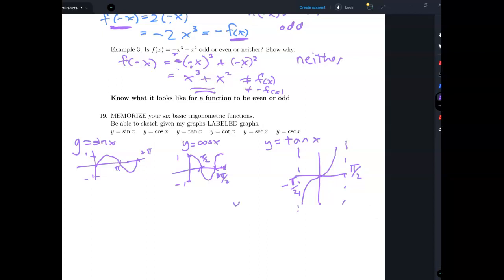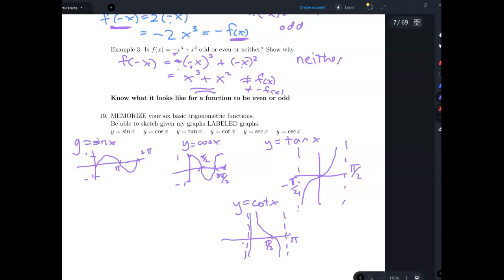Okay, so let's just go right to cotangent. The cotangent graph has an asymptote here and here. So that's an asymptote at 0 and an asymptote at pi, and it crosses here at pi over 2. So these are the graphs you're going to use the most, so get them memorized.